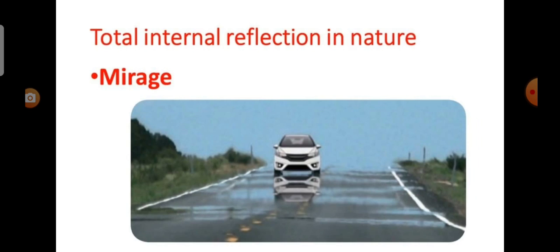Hotter air is less dense and has a smaller refractive index than the cooler air. The ray of light bends away from the normal and undergoes total internal reflection. Total internal reflection is the main cause for the spectacular brilliance of diamonds and the twinkling of stars.